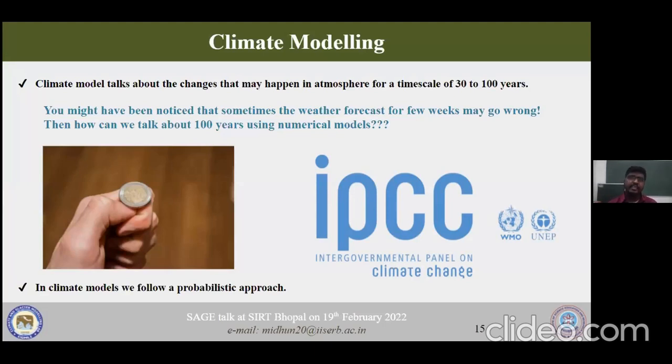There they take the model experiments, previous data analysis results, and many contributions from scientists all over the world working in the same domain, and IPCC produces this AR6 assessment report. That report is used by government policymakers to make essential changes or take the actions that are necessary.